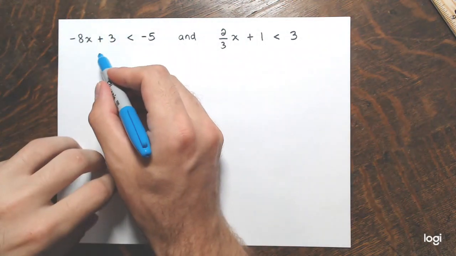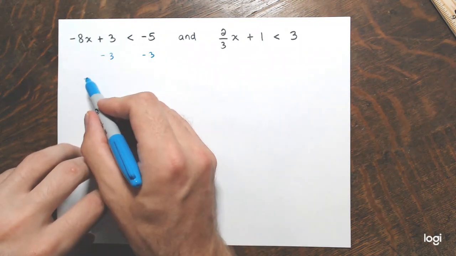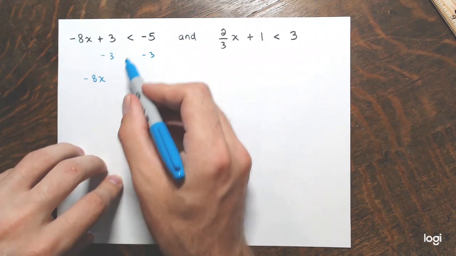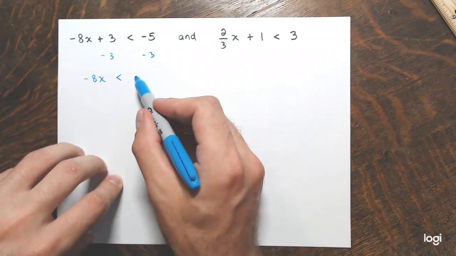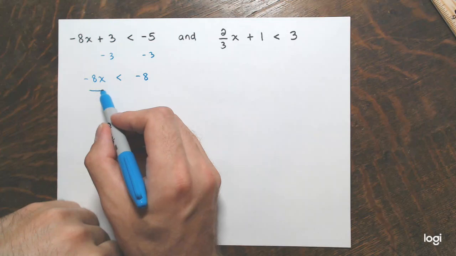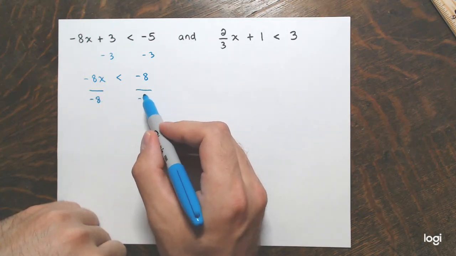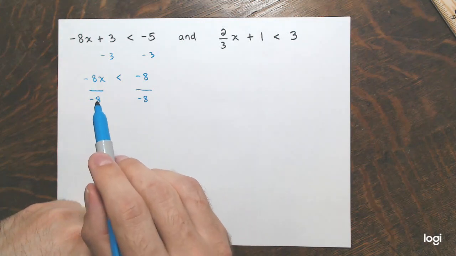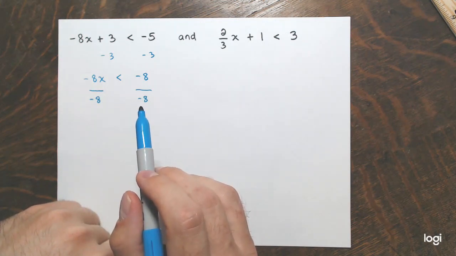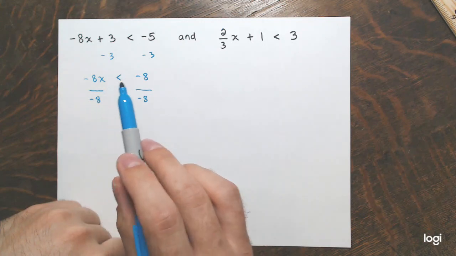All right, so first, this inequality here. Subtract 3 from both sides, and I have -8x is less than -8, and -5 minus 3. And then divide both sides by -8 to get x alone. Now, again, here's the tricky part. I divided. If you multiply or divide both sides of an inequality by a negative number, it flips the symbol.